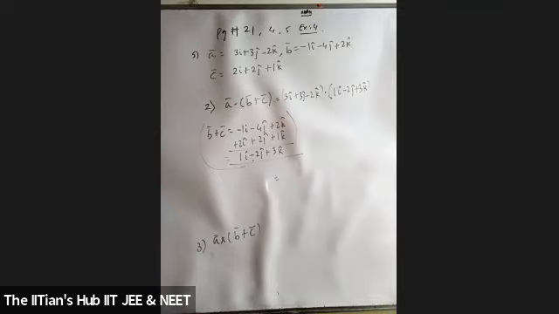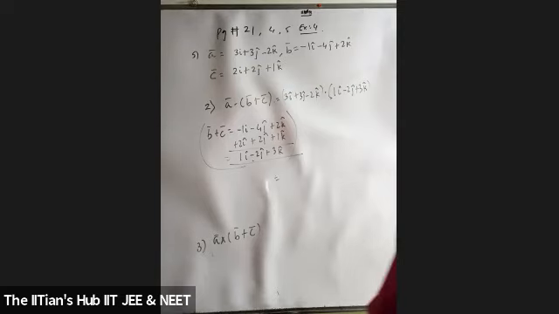Sir, because if we take i cap and j cap, they are perpendicular to each other. Cos 90. And the component used for the dot product, is it sin theta or cos theta? Cos theta. Absolutely correct. And cos of 90 will be 0.